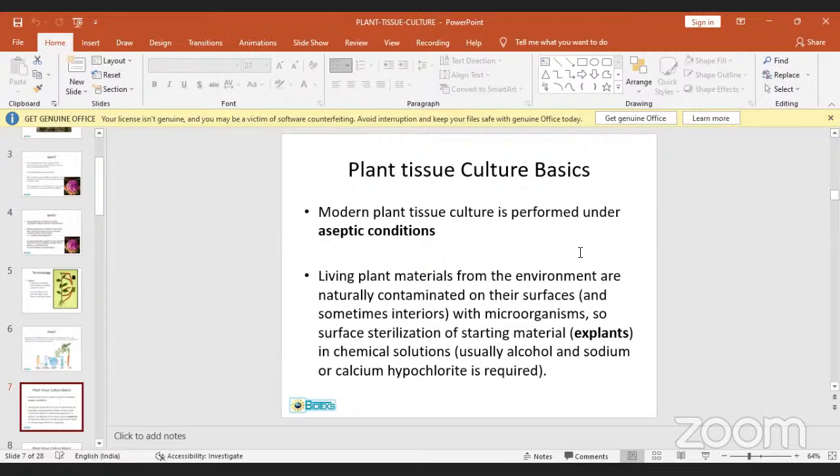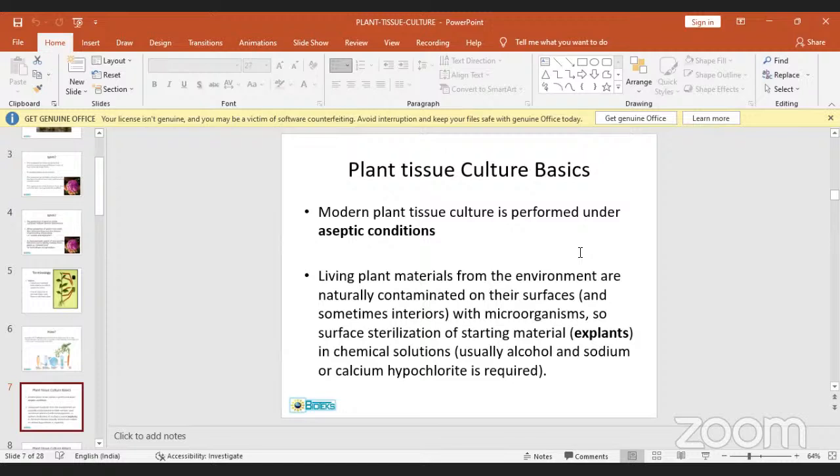Living plant materials from the environment are naturally contaminated on their surfaces, sometimes with microorganisms. So the surface of the starting material, the explants, is sterilized in chemical solutions. Usually alcohol and sodium or calcium hypochlorite are required.